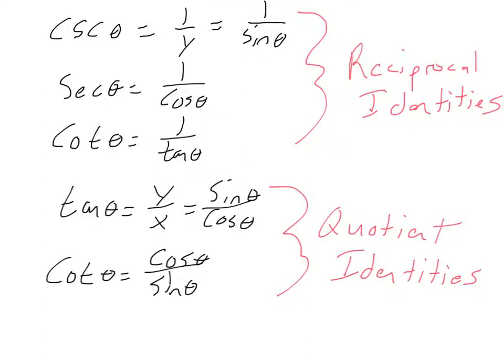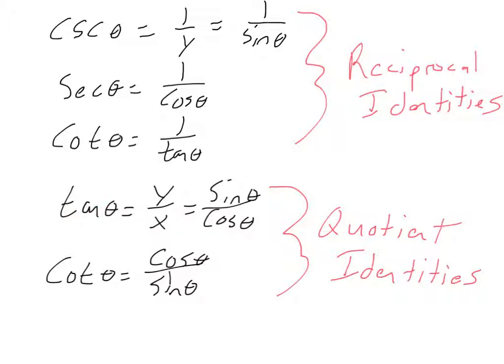All right, here we have the reciprocal and quotient identities. They're pretty straightforward. Cosecant is 1 over y, right? We know that, that's the definition, and of course sine is y. So it's the same thing as saying cosecant is 1 over sine. And by the same logic, secant is 1 over cosine, cotangent is 1 over tangent. Tangent is y over x. That's once again our unit circle definition.